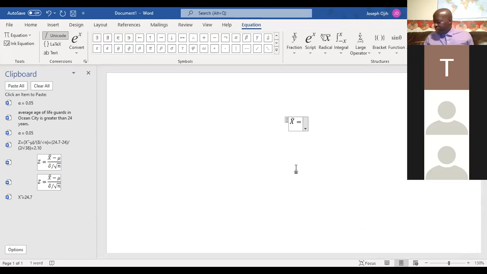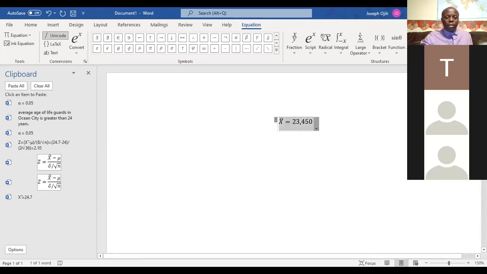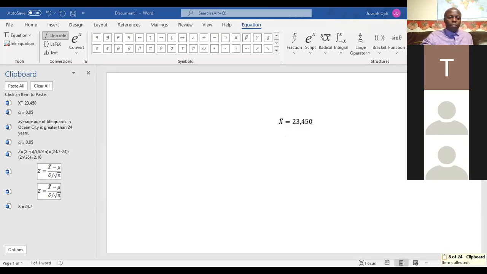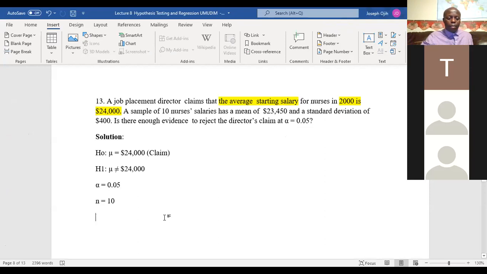Hello, you can hear me, right? We can hear you. Sample mean is 23,450. So I'm going to copy it so we can put it right there. 23,450 for the sample mean. All right.